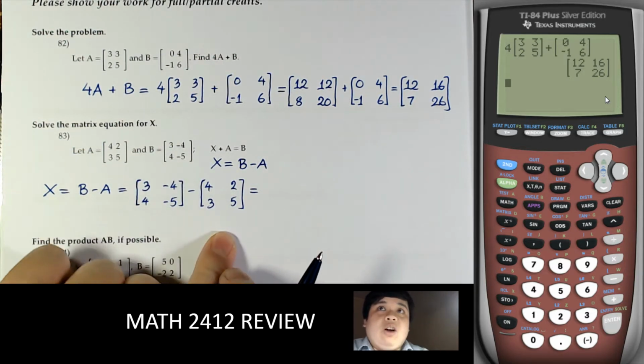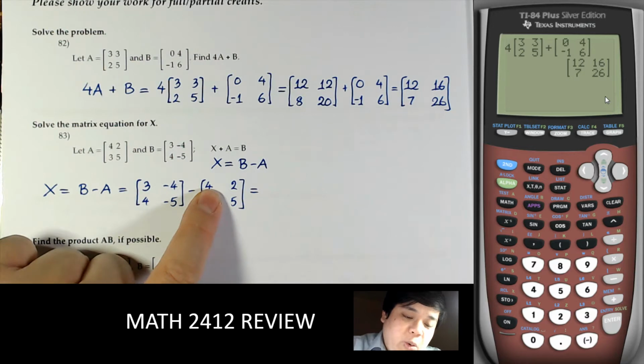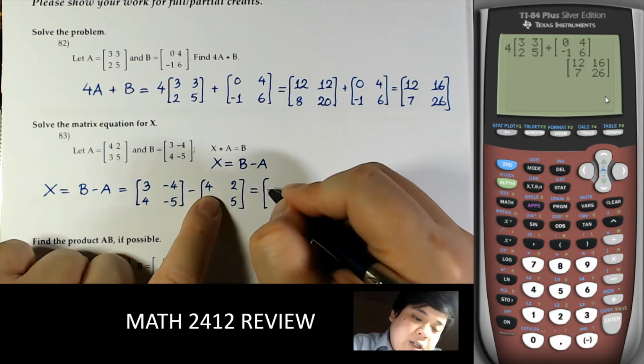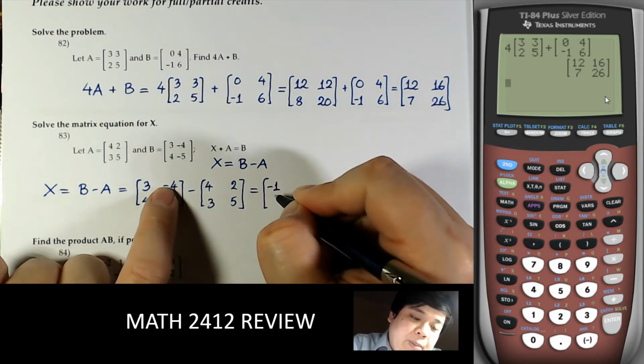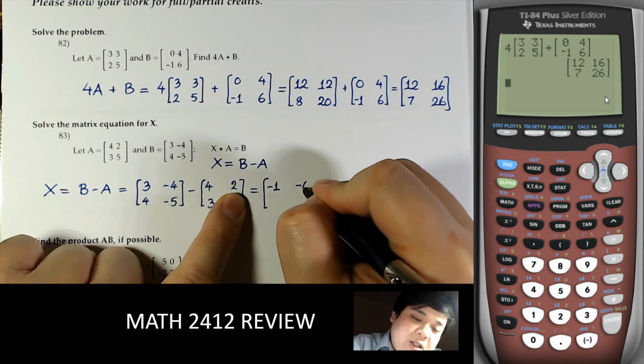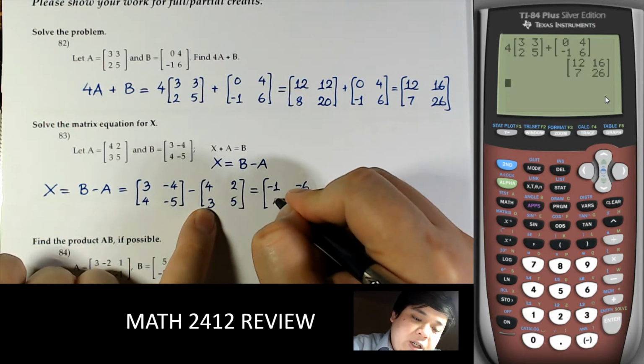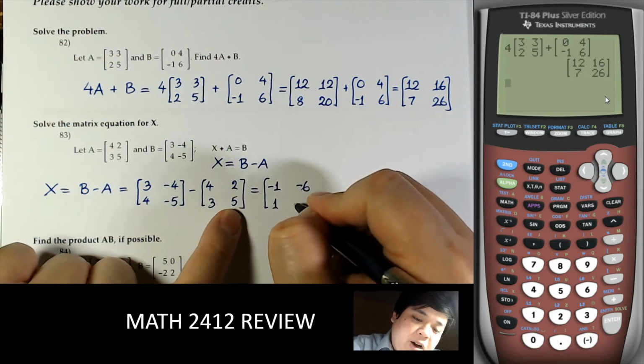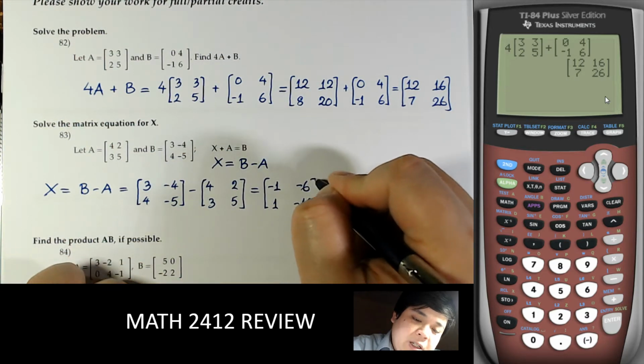So just subtract the corresponding entry. 3 minus 4 is -1, -4 minus 2 is -6, 4 minus 3 is 1, -5 minus 5 is -10.